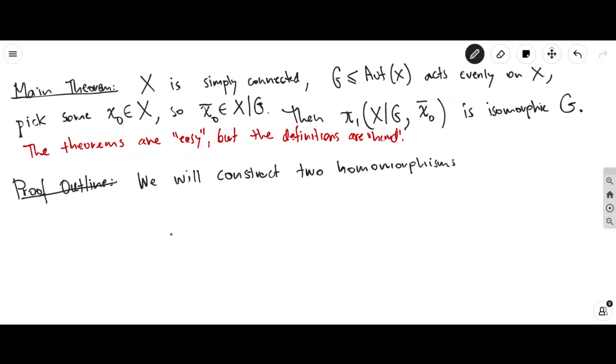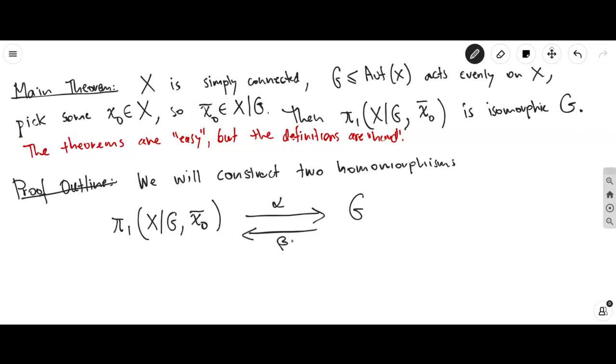For lack of a better name, I'm going to call one of them alpha, and the other one I'm going to call beta, because I'm running out of symbols. So you're going to have a group homomorphism that will take you from this group to G, and then you will have another group homomorphism that will take you from G back to that group, and then you will show that these two homomorphisms are inverses of each other.